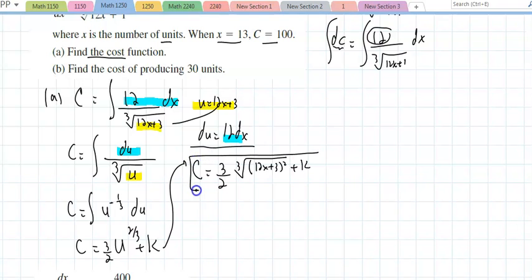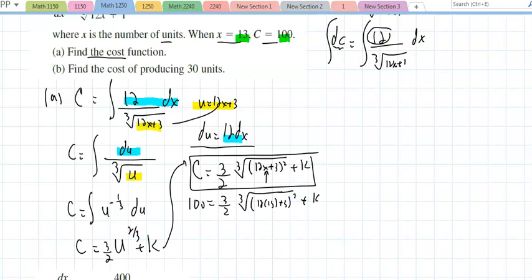Now what? In applications, k is a problem. They told me when x equals 13, the cost is 100. The cost is 100 when x equals 13. 12 times 13 plus 3 squared plus k.